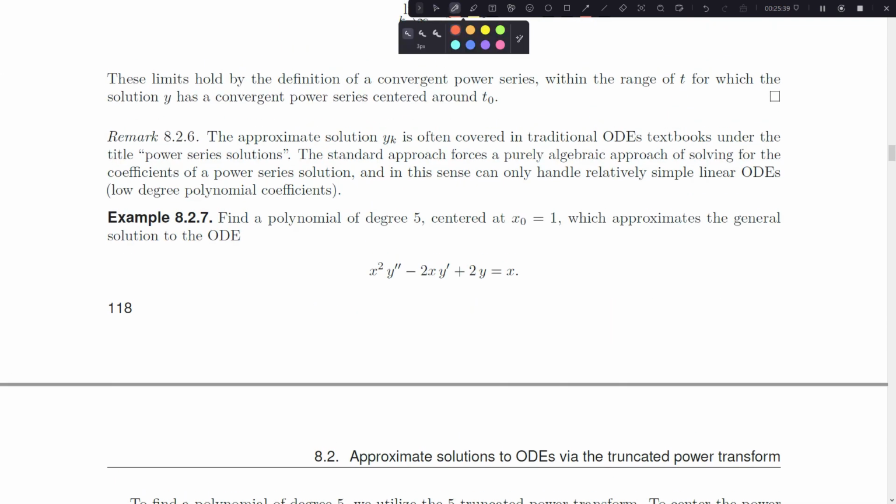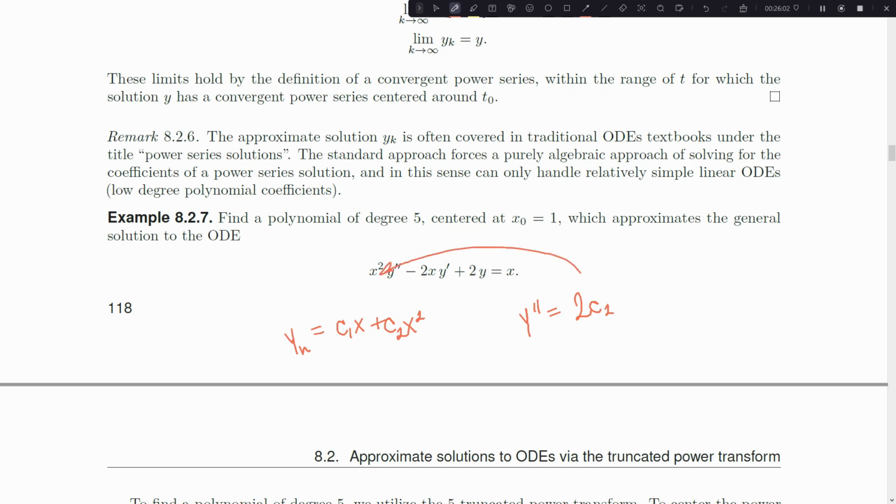So we just saw this constructed c1x plus c2x squared. Let's take two derivatives of that and see what we get. If I take two derivatives, I get just 2c2. And if I plug 2c2 in there, I get 2x squared c2.